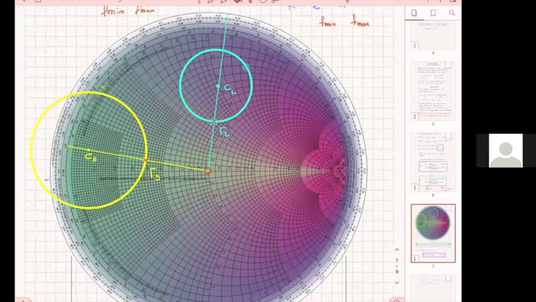So actually, when you want maximum gain, you don't do these circles. There are no circles anymore, practically. So you don't look at circles if you want to do maximum gain. You know that your gamma L and gamma S will have to be the complex conjugate of gamma in and gamma out. And we have formulas for that.